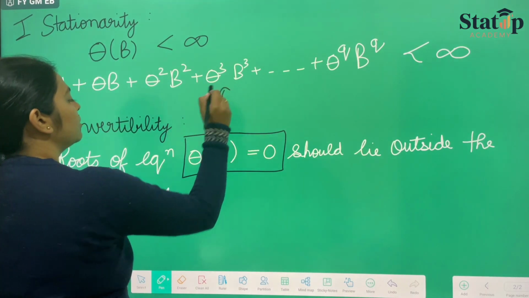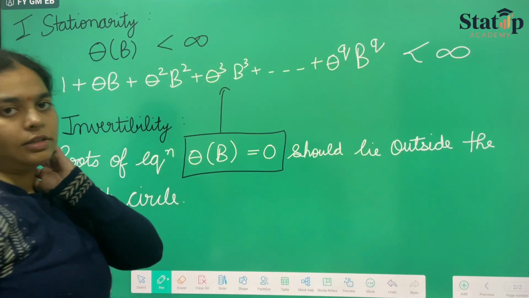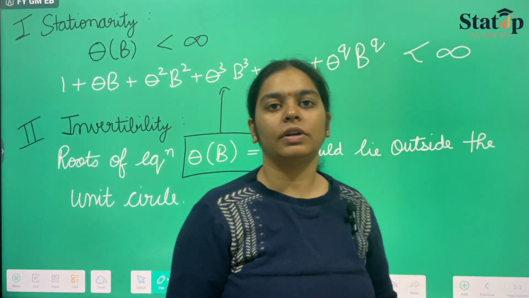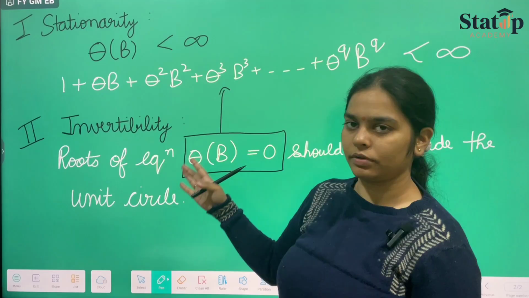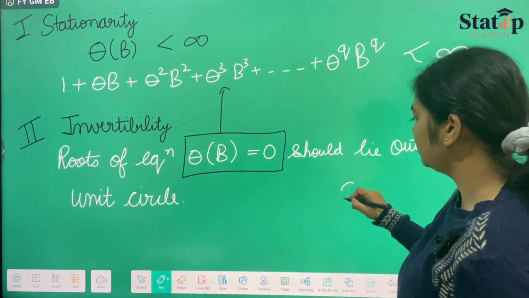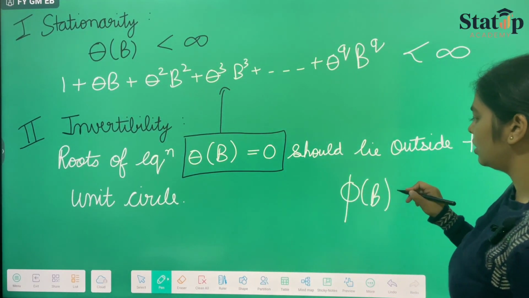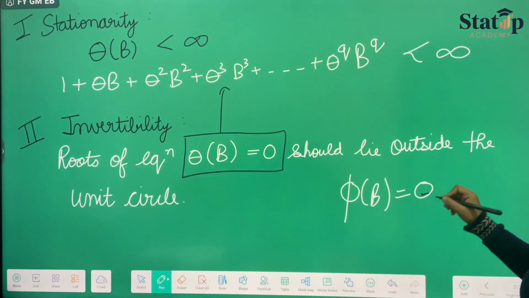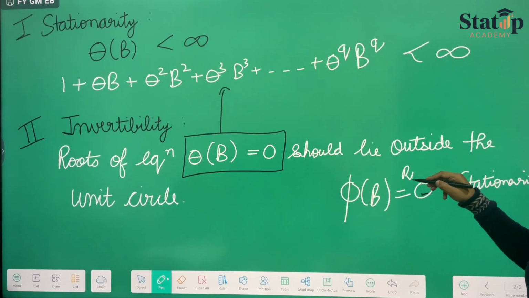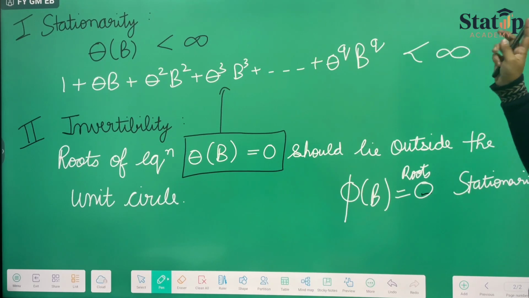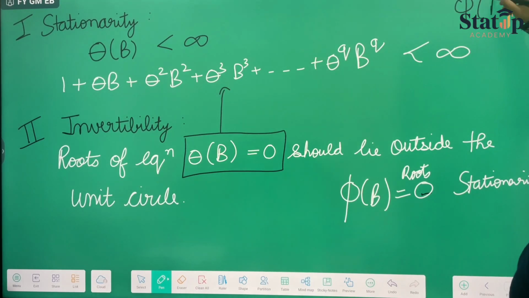As we notice carefully, in the previous lecture we did the autoregressive series. In the autoregressive series, phi(B) = 0 roots was the case for stationarity, and phi(B) less than infinity was the case of invertibility.